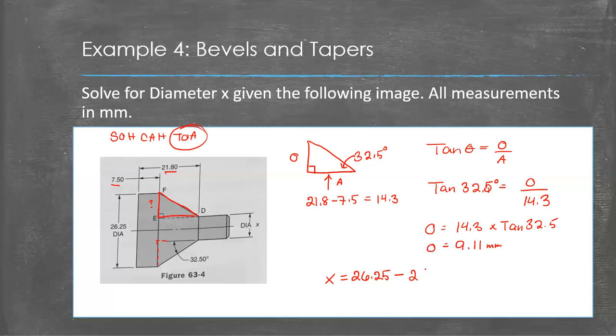So we're going to minus 2 times 9.11, and I'm going to write it like this simply because it's a good order of operations question. So 26.25 minus 2 times 9.11 leaves us with a diameter on that end of 8.03 millimeters.